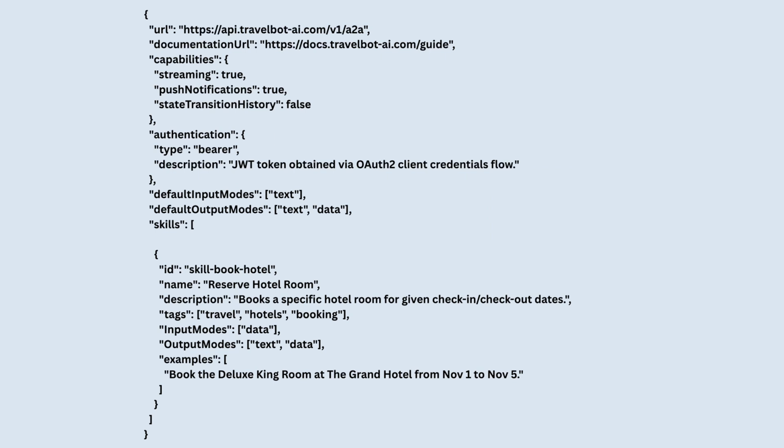Maybe API key based authentication, or something else can be there, right? Then default input mode or default output mode, whether it is going to be text, data, audio. Then what is the skill? This part, if you see, is very important basically, to utilize the agent, because this is the skill.